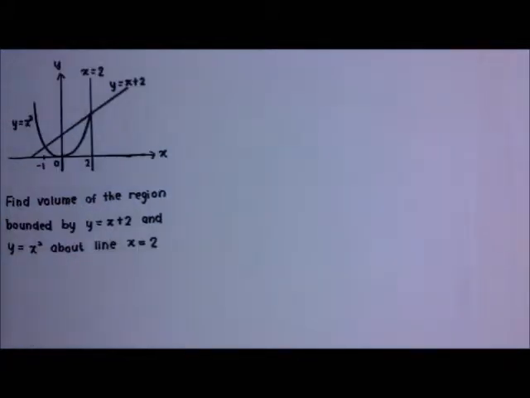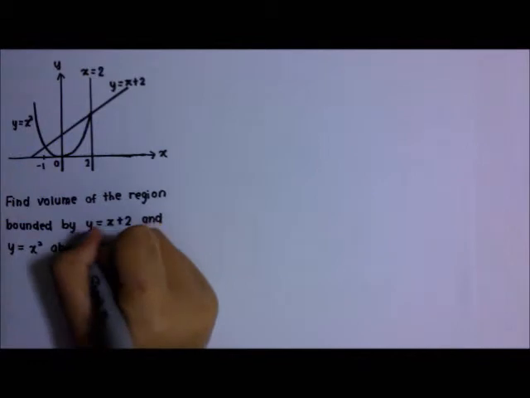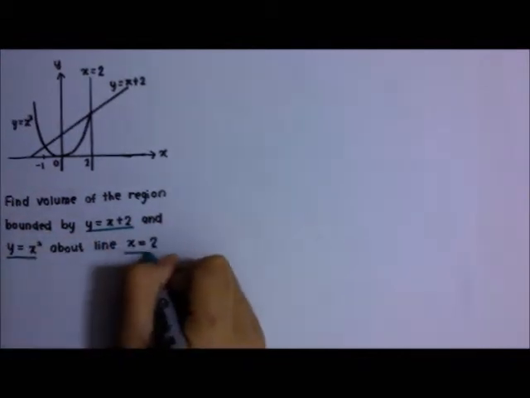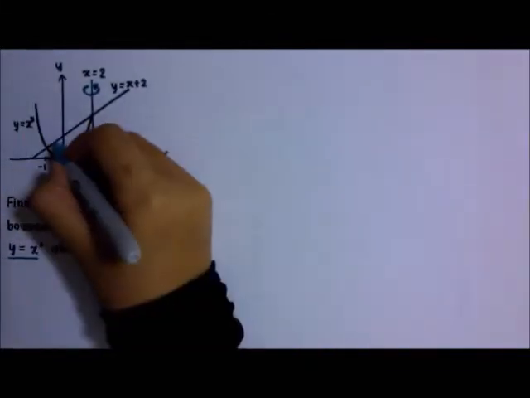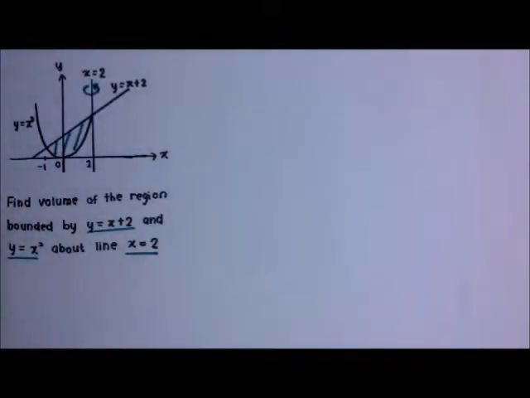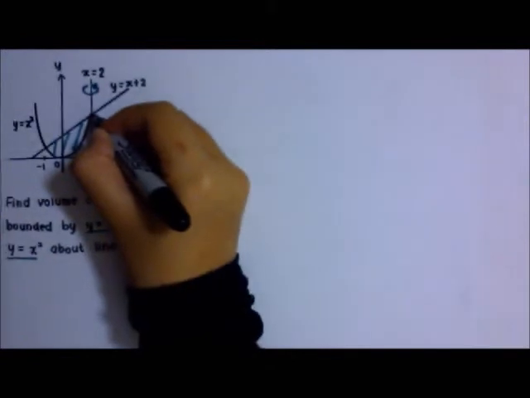Now, let's try another tricky question. First, underline the important key points. The axis of revolution is now x equals 2, not the y-axis or x-axis anymore.